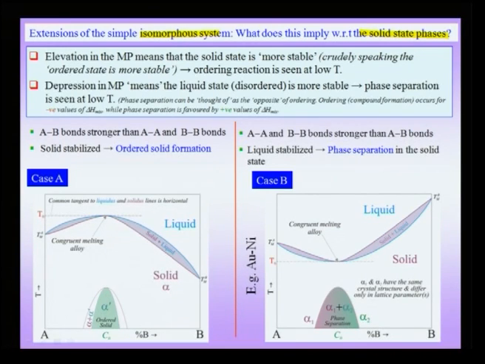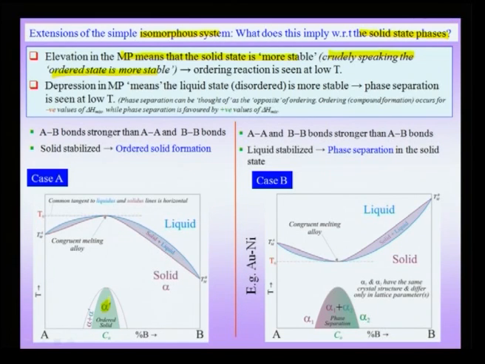If you are talking about elevation in melting point, this somewhat means that the solid state is more stable, or crudely speaking the ordered state is more stable. And this sometimes shows up as a signature that if your solid has been stabilized, typically at lower temperatures you would observe what is known as an ordering reaction.